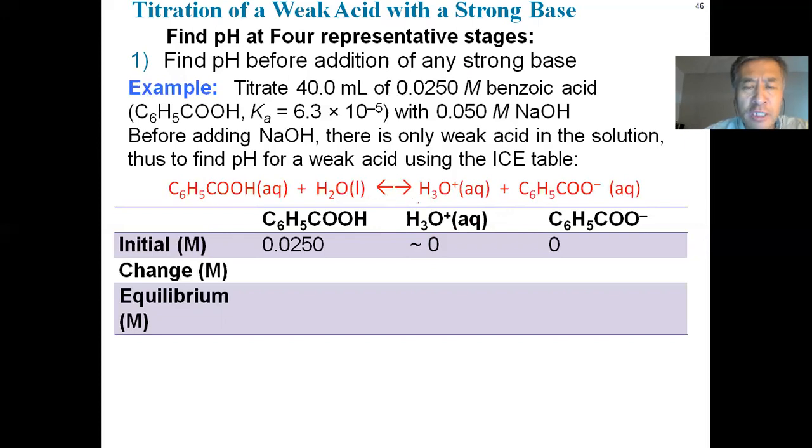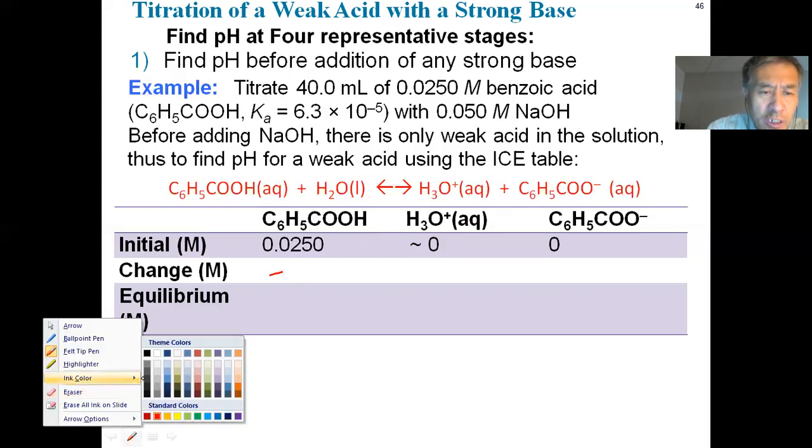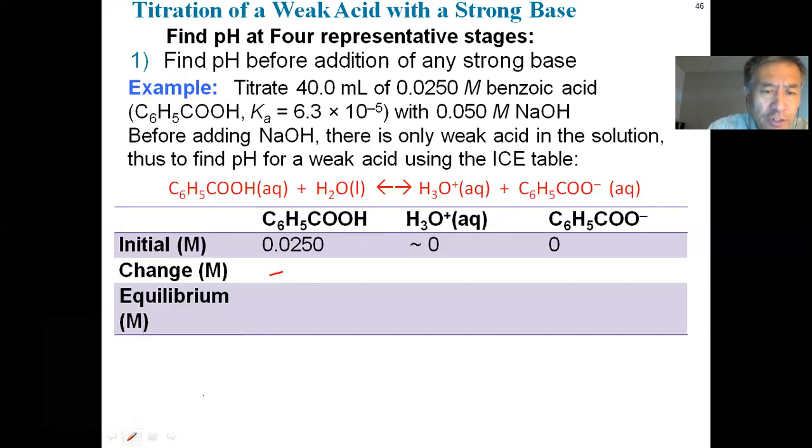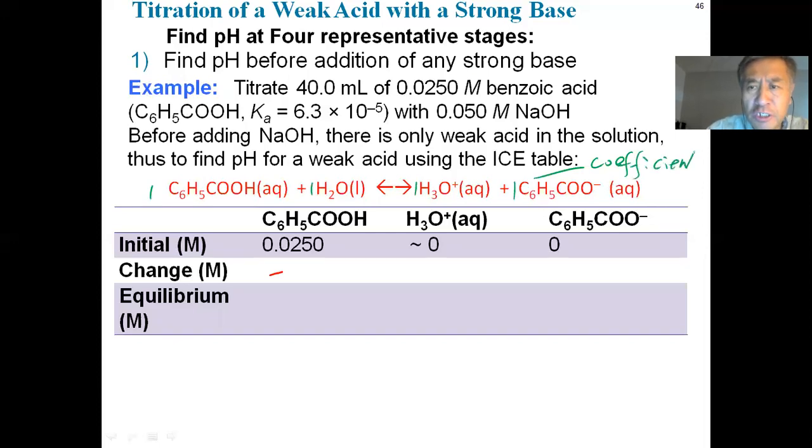So if the products have 0 concentration at the beginning, our equilibrium shifts from left to right. So on the left, the reactant concentration is going to decrease, so the change will be negative. Negative how much? We look at the coefficient. Usually, if the coefficient is 1, it is omitted, but the coefficient tells you how much change.